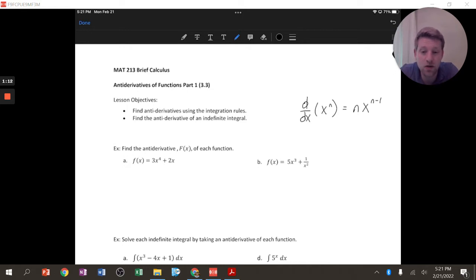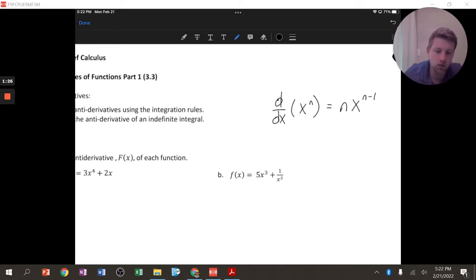Now, if I considered walking this back in reverse, when I take an antiderivative, I really want to go in the reverse order. So let's just notice what things happened for this power rule to take place. Two things happened.